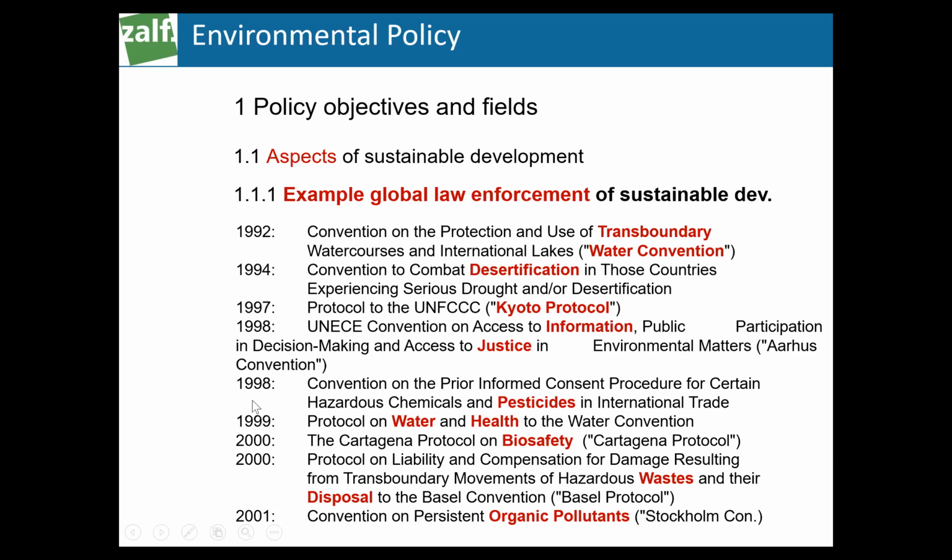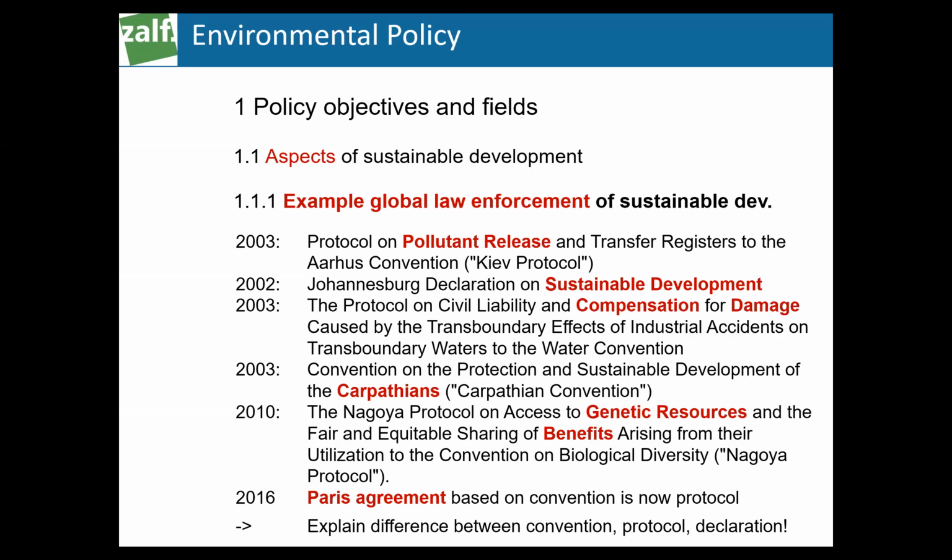And if you look then at the convention on pesticides, it's again vague, but of course the intention is to ban certain pesticides and to better control the use of pesticides, and the organic pollutants in the Stockholm Convention and so on. But you see how it differs. That's just to make you understand that we have a strong distinction between conventions and protocols.